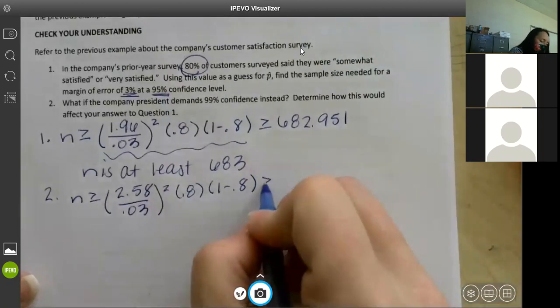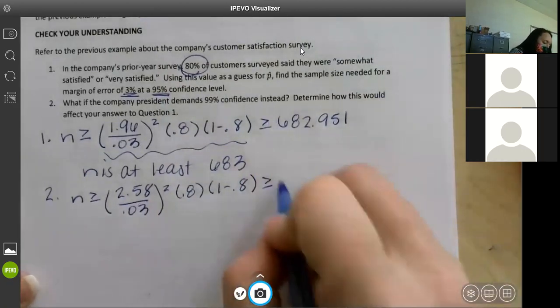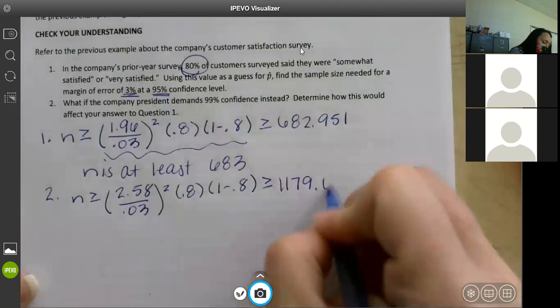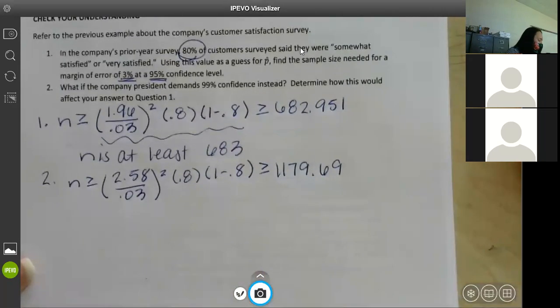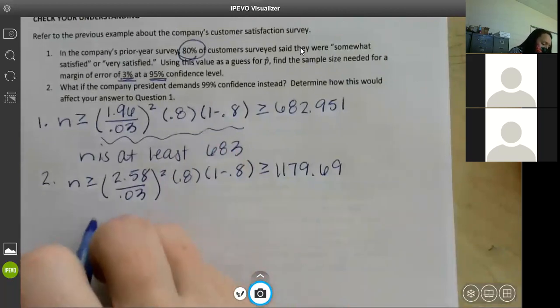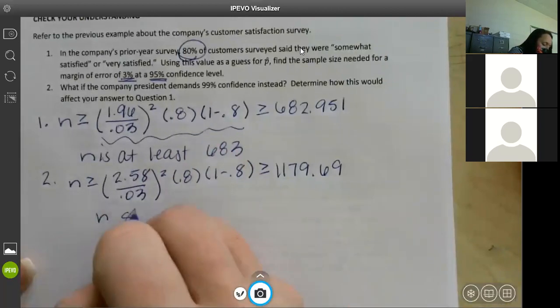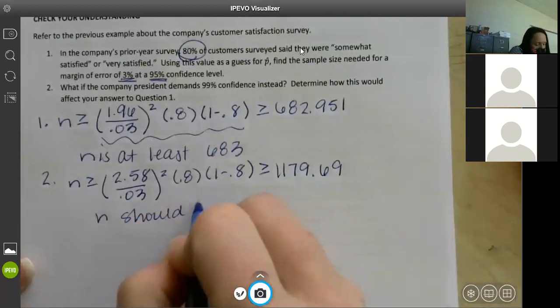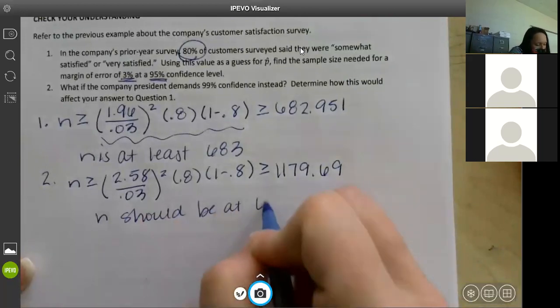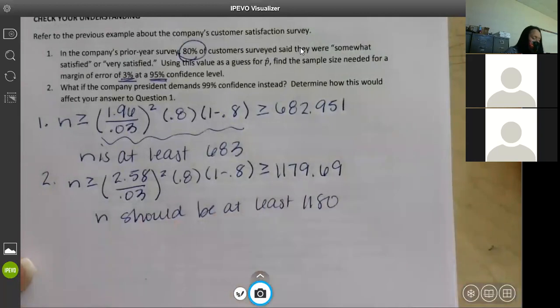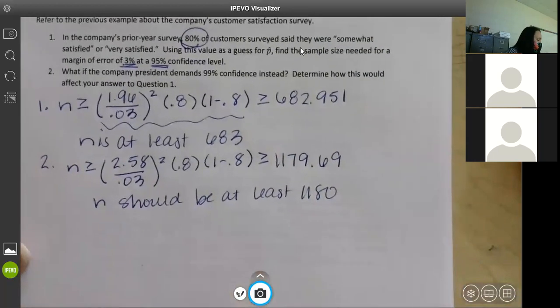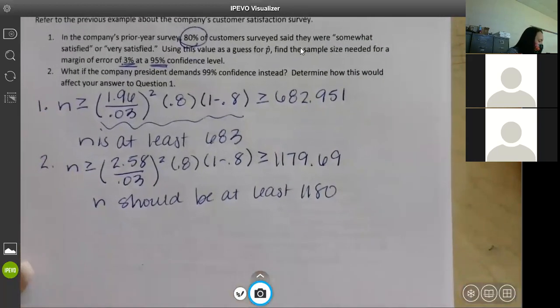When we put that in our calculator, we need to have greater than or equal to 1179.69. So N should be at least 1180. So what happened?